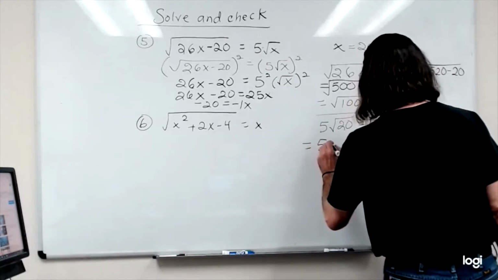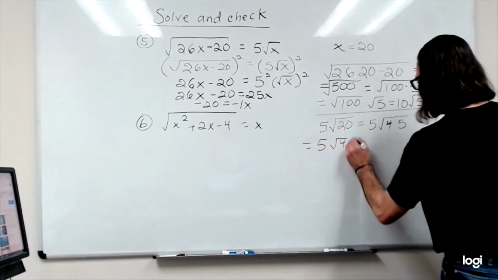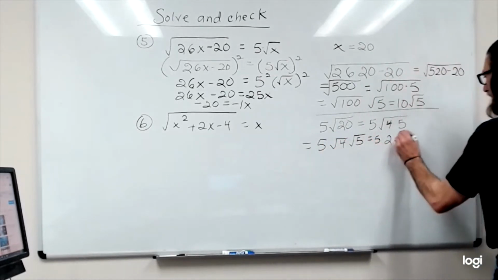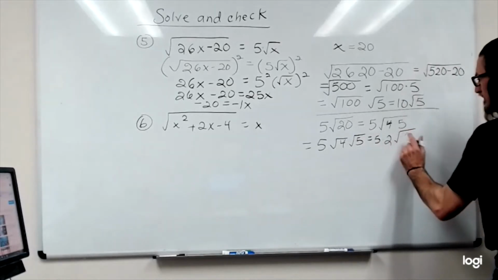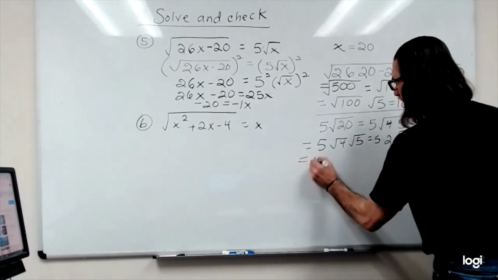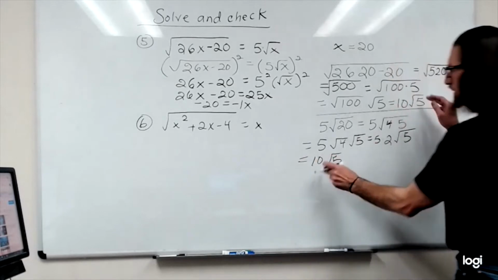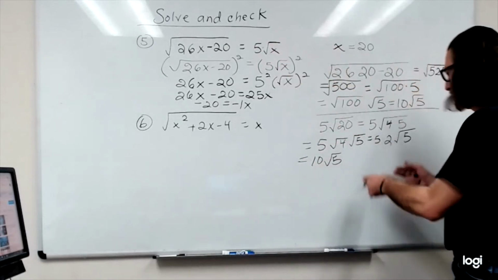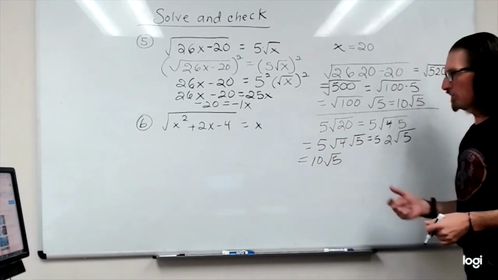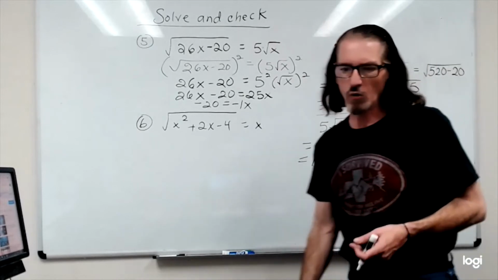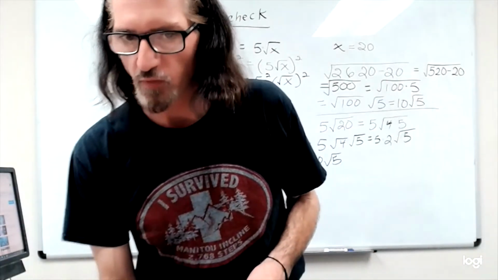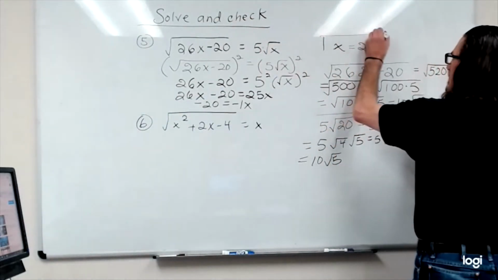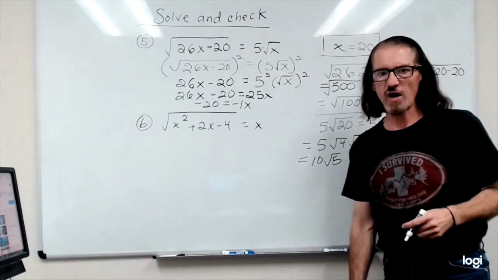So apply the product rule there. 5 times 2 out in front of the square root of 5. And we get 10 square root of 5 there also. Plugging 20 into the original equation and comparing, we get 10 square root of 5, or as a decimal, about 22.36. Either way, we are finding out that x equals 20 does check.